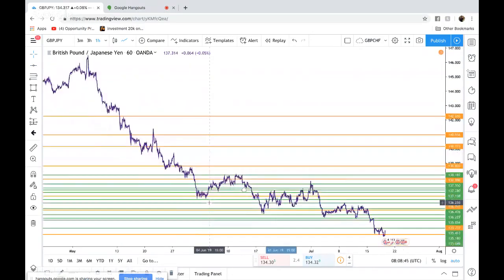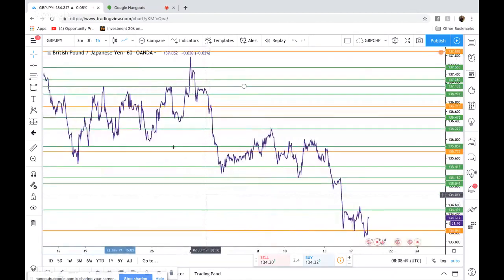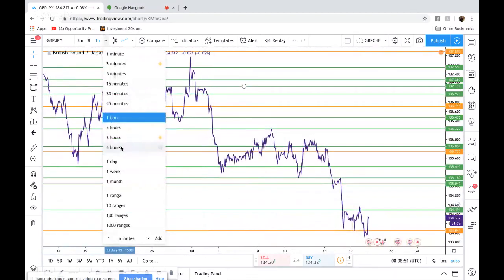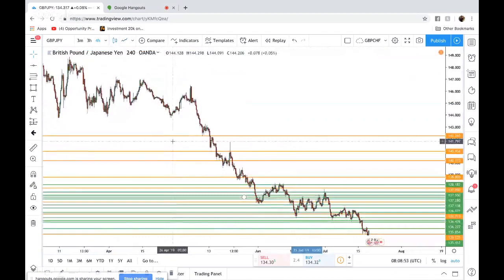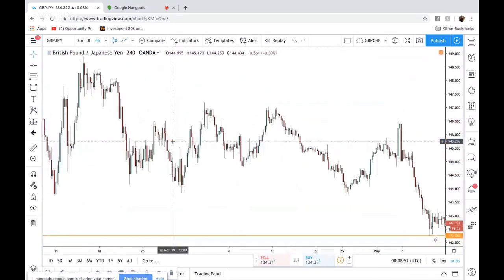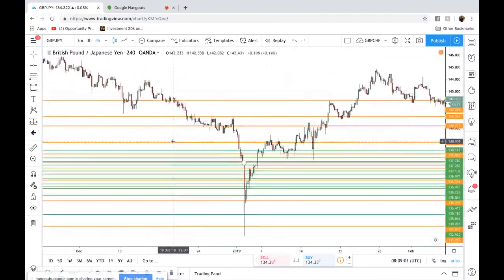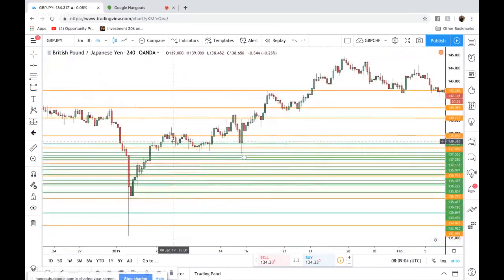All right. Let me see if we can get any zones in this area. Clearly have this long wick.